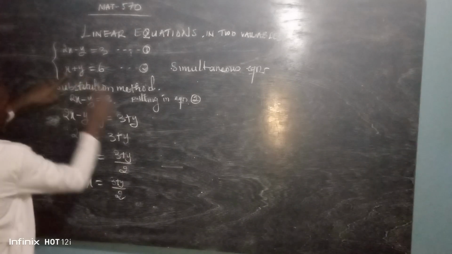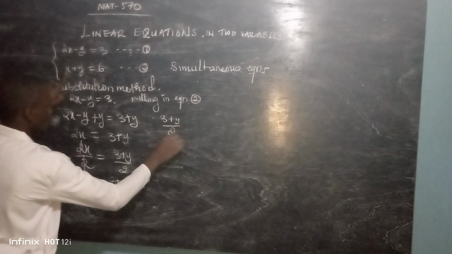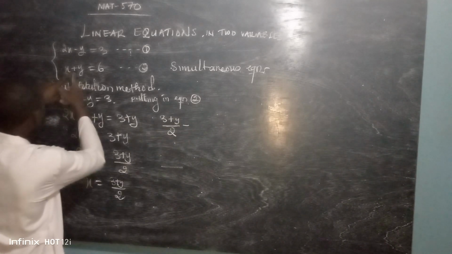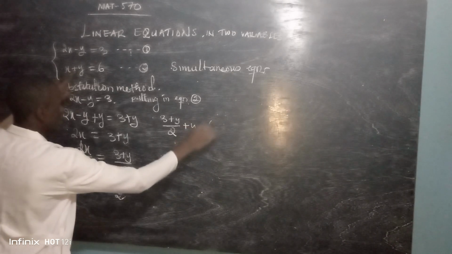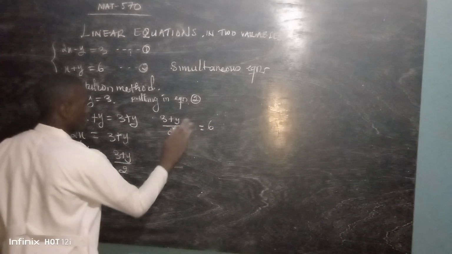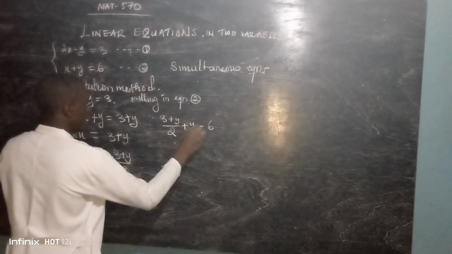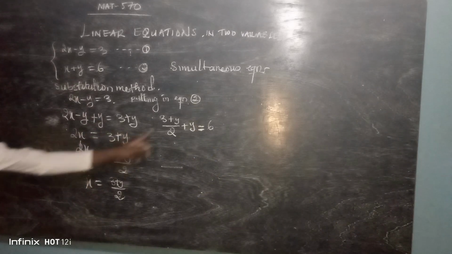I'll replace it here. So I'm going to have 3 plus y divided by 2 plus y equals 6. Now the next thing is to remove fractions. Let me put it on a line first. The next thing now is we have transformed these two equations now into what?